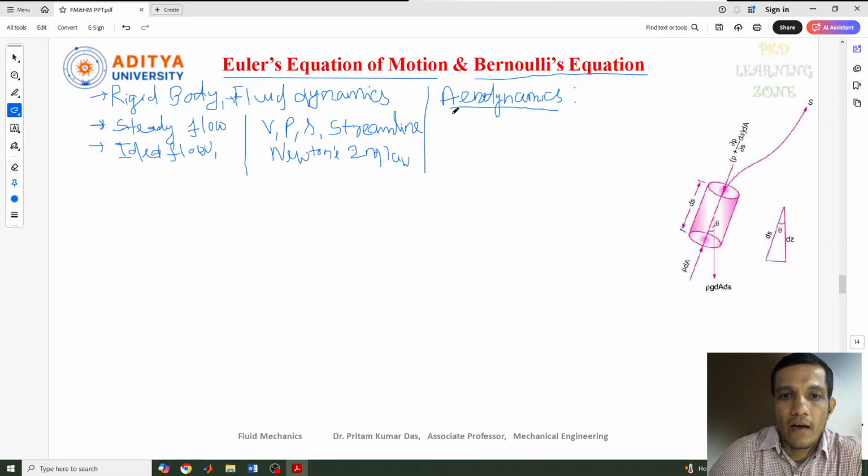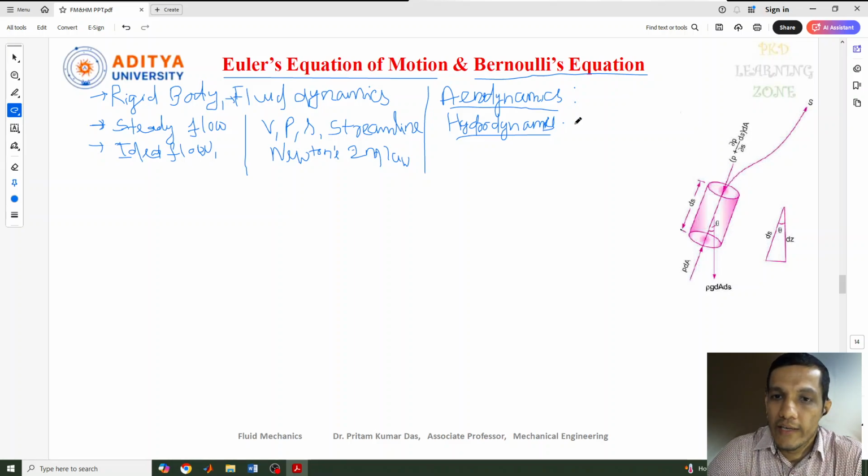Similarly, one more example is hydrodynamics. In hydrodynamics also, we can analyze the motion of a fluid and any kind of liquids, and we can also do design and analysis of sieves. Apart from that, one more is turbo machinery.